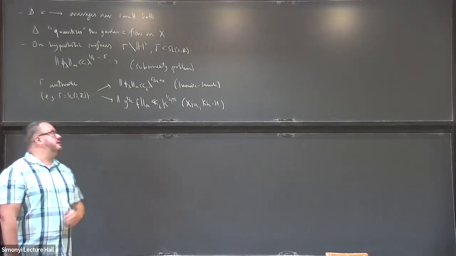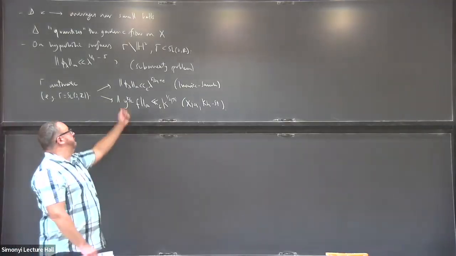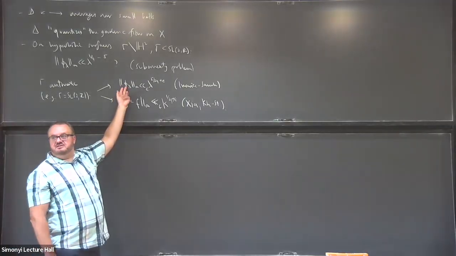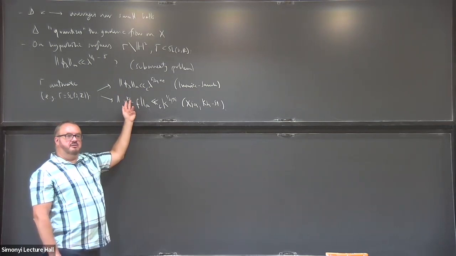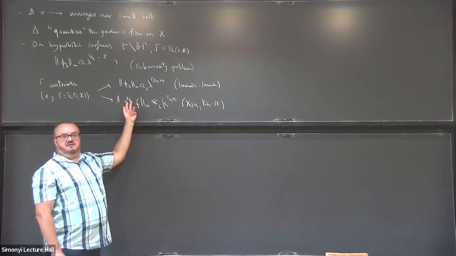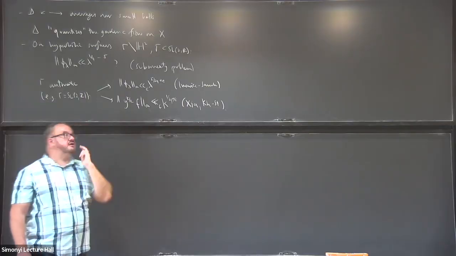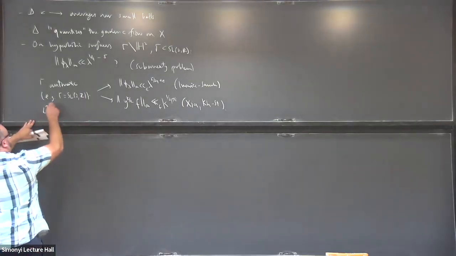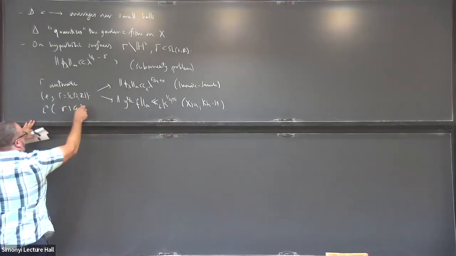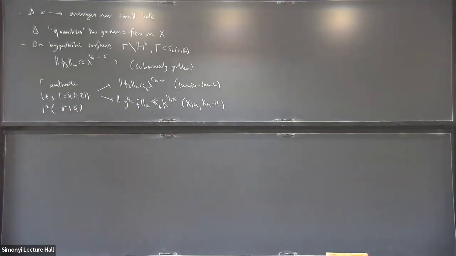So you could be thinking about this as the sup-norm for principal series representations of SL2R, and this is the sup-norm problem for the discrete series representations of SL2R that occur in the same space. So you could just look at the space L2 of G mod gamma rather than just H2 mod gamma.